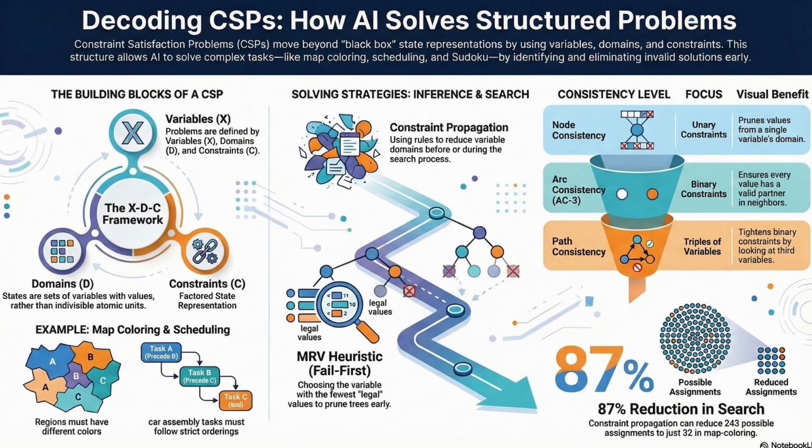This is the pruning you talked about, cutting off dead branches of the tree before we even climb them. Think of it as local consistency. We treat the variables as nodes in a graph. We enforce consistency locally right here between these 2 neighbors, and that eliminates impossible values. Then that effect propagates to their neighbors and their neighbors. A ripple effect. Exactly. Let's talk about the most common algorithm for this. AC3.